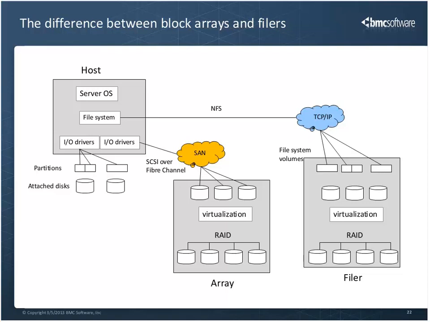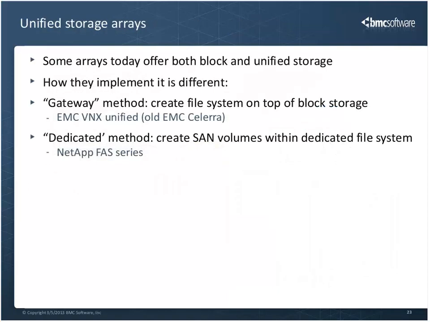The virtualization in the case of a block array that is trying to expose file system volumes is different because there's one more layer. Whereas in the NetApp case, the file system volumes are created first and then the files are created on top of that, which offers a different way of looking at these, and so a different kind of capacity.